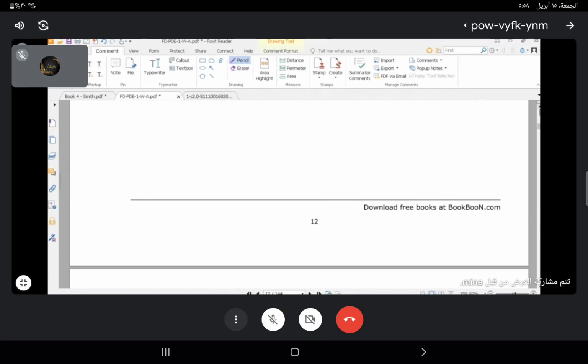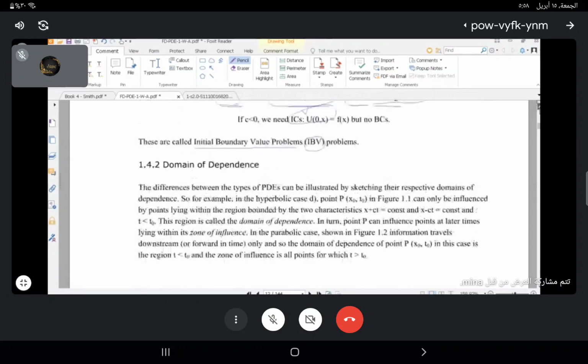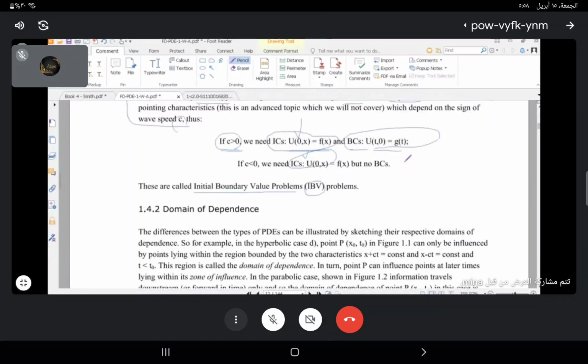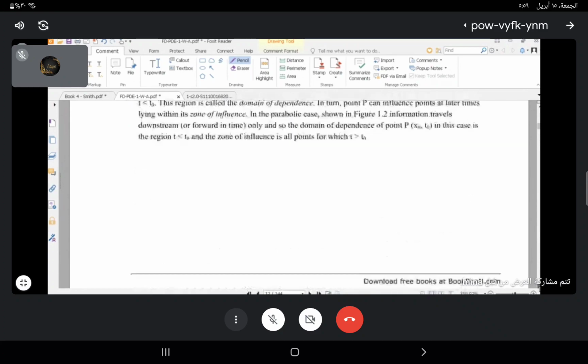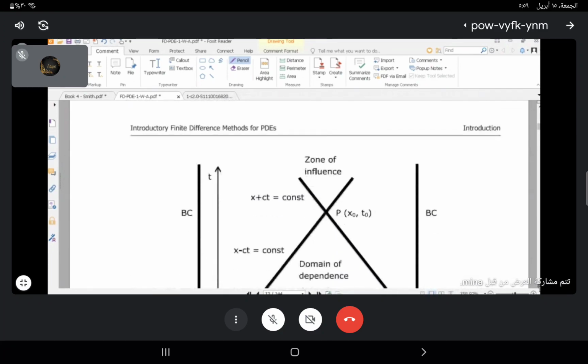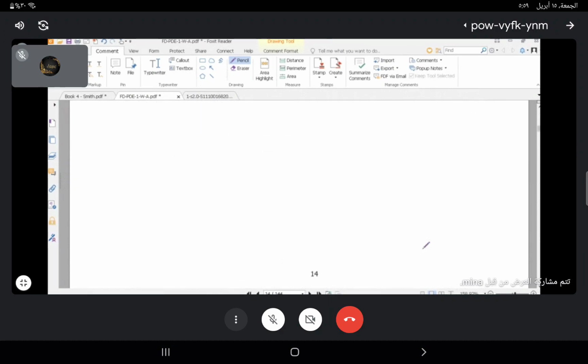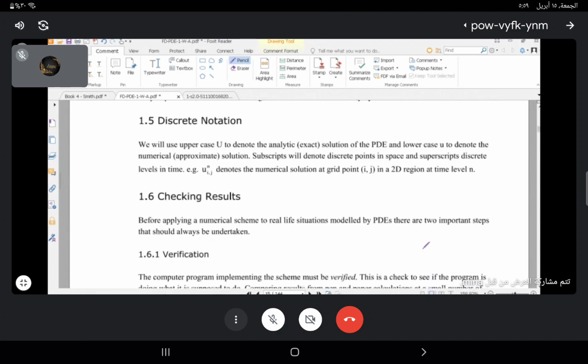Please study this part of the lesson, this part of the file, and if you have any question, I will respond to you on WhatsApp. For the next session, please understand part 1.5, this part.